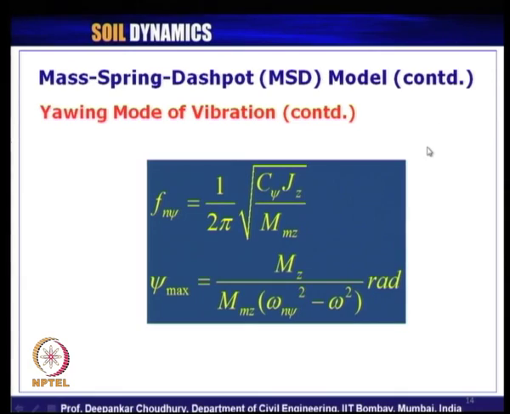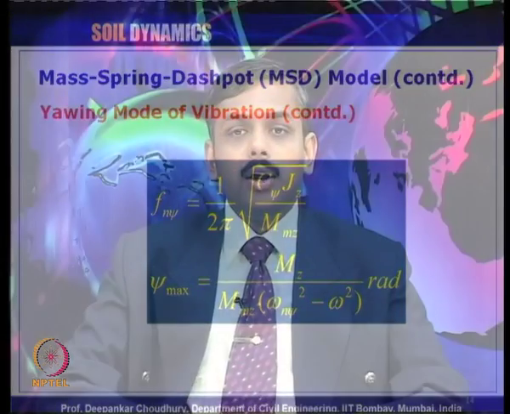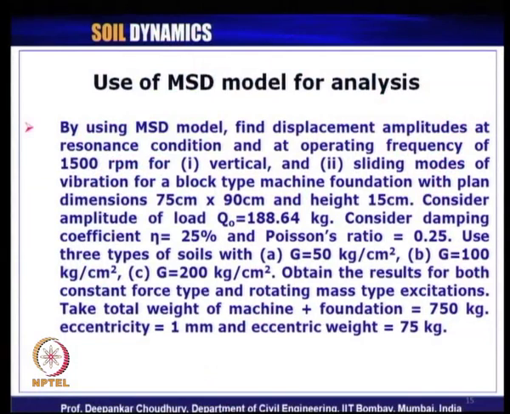So, with this background, now let us start solving another model design problem for all these modes of vibration using this mass spring dashpot model, or MSD model. Let us see the problem statement. By using the MSD model, find displacement amplitudes at resonance condition and at operating frequency.